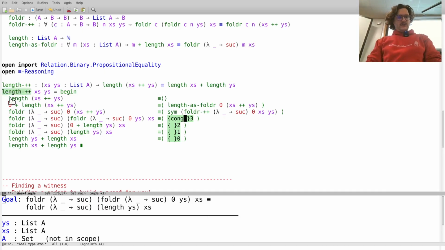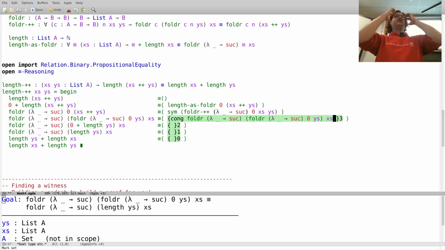Actually, this is what we saw the other day. We want to act on a specific sub-expression. The easiest way to do that is to copy-paste the goal that we have, and because it's documented in the code here, it's really easy to grab.